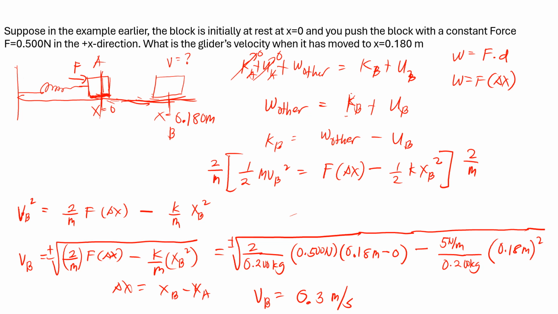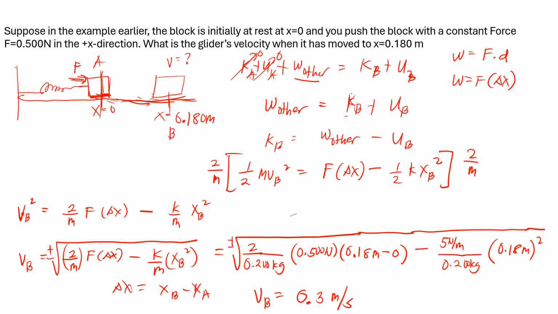Okay, so that is how you take into account the work done by the other force. So you need to take into consideration also the state of the system. Was the force being applied during the movement of the block here? In this case, a constant force was applied, so that's why we have the work other term.